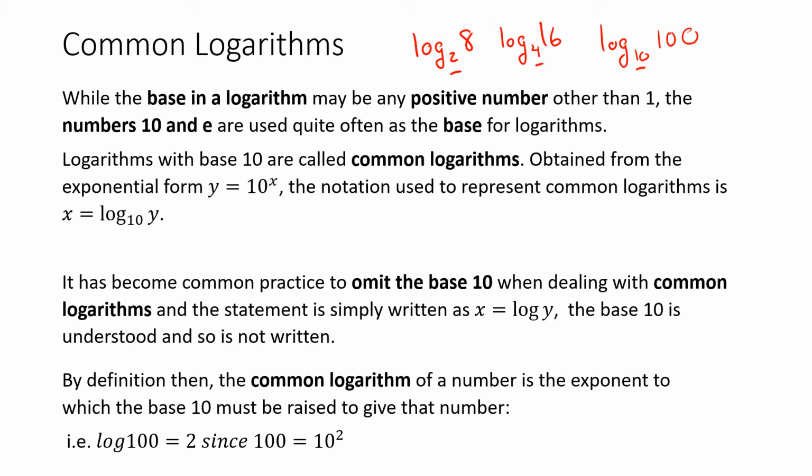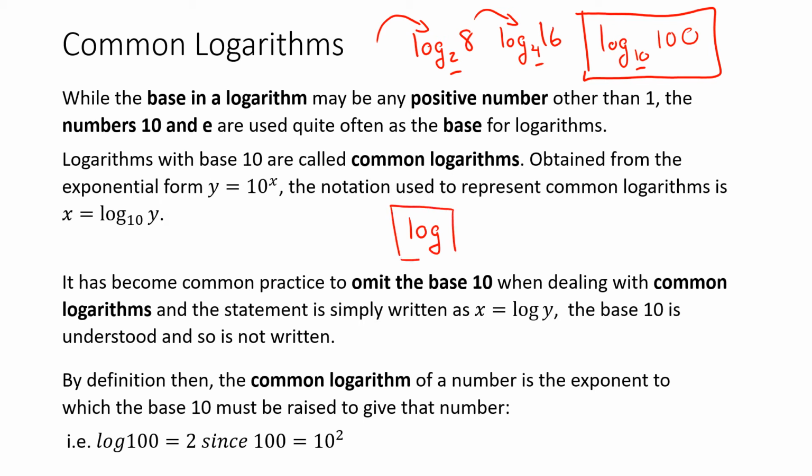Now, remember another thing I told you at the start of this lesson, most of your calculators cannot directly calculate any logarithm without a base of 10. What I mean by that is your log button on your calculator doesn't have a base.